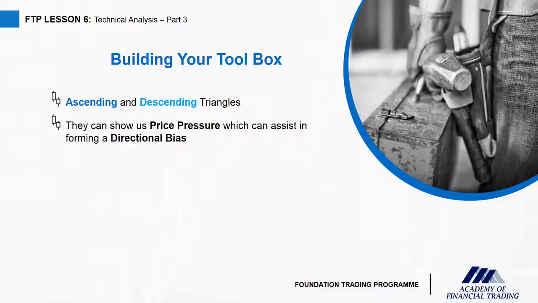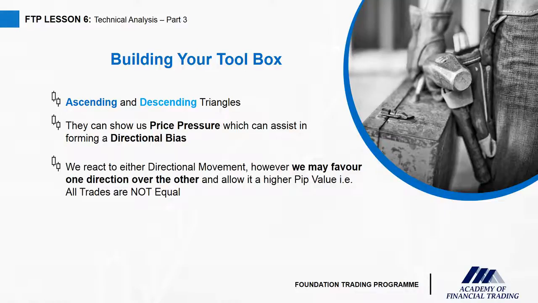Just because we expect it and it's favored doesn't mean it's going to happen, so we don't take it as gospel. We react to either directional movement. However, we may favor one direction over the other and allow it a higher pip value because not all trades are equal. If something is more likely than something else, you're going to favor the slightly more likely outcome.